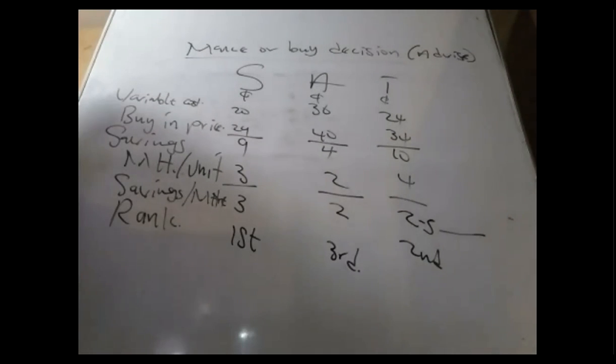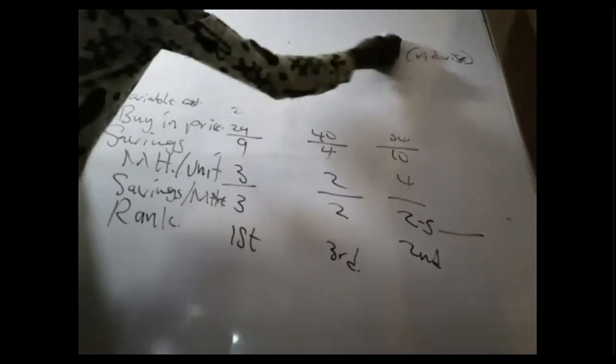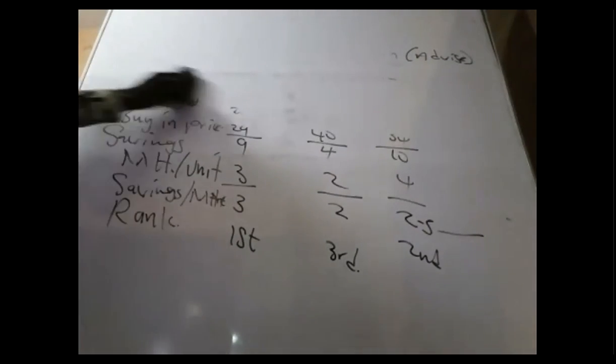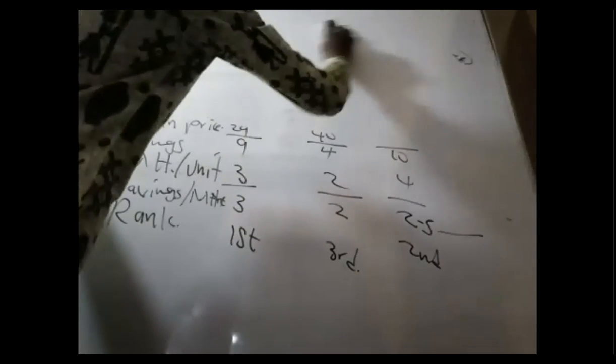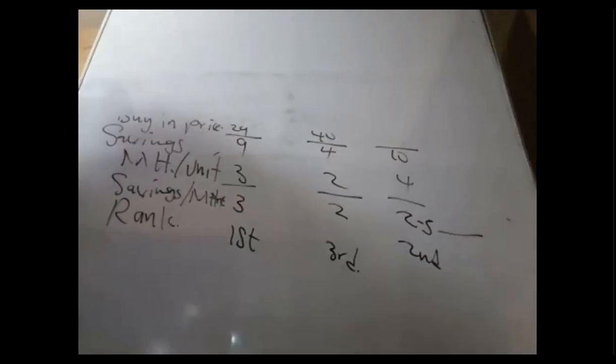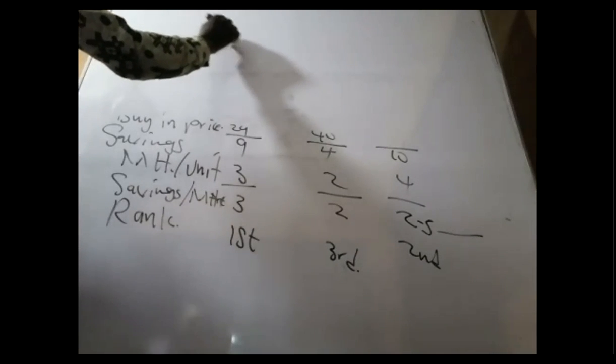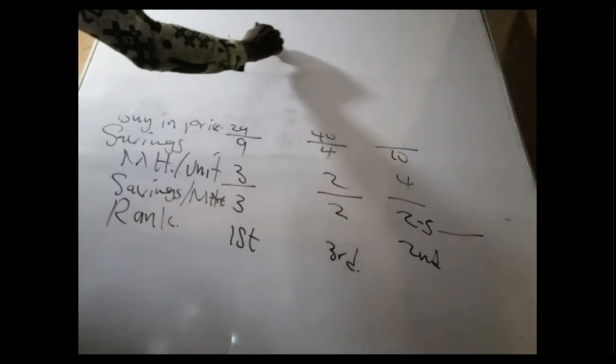Okay, so let's go to the resource allocation and optimum production plan. I'll clean the top a little. Now that we know they should produce in this order, let's write them here. Production plan.